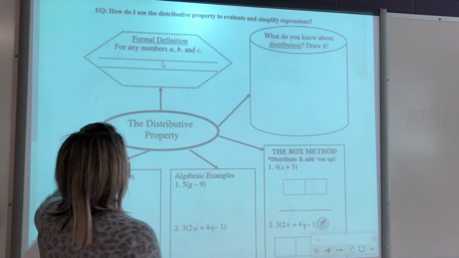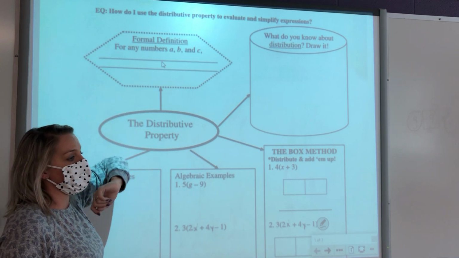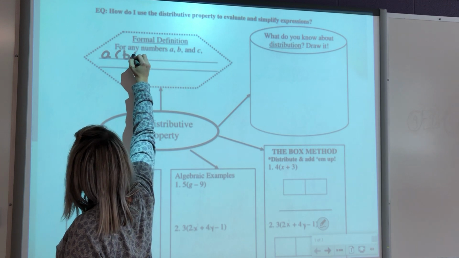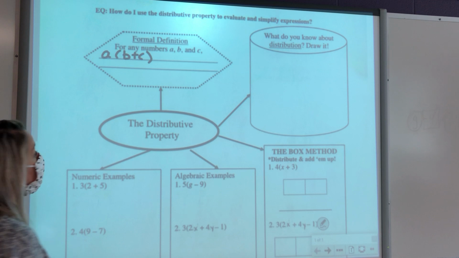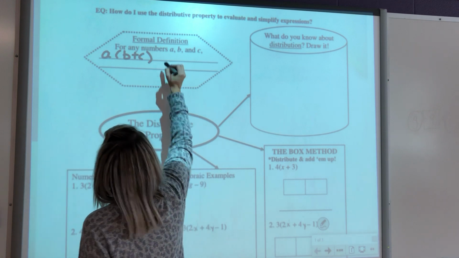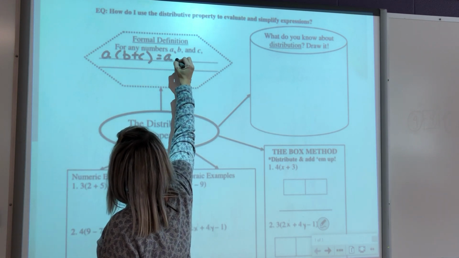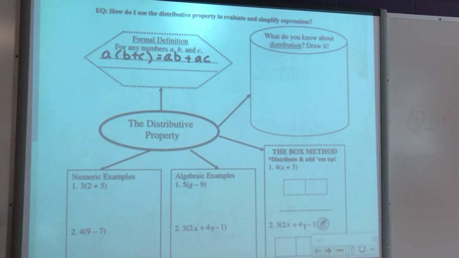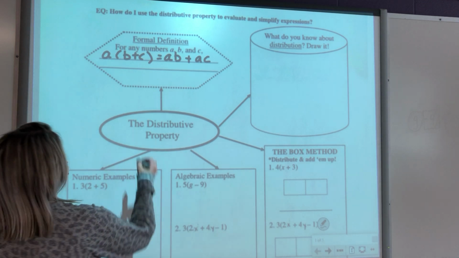So, formal definition: for any numbers A, B, and C, A times the quantity B plus C. Okay, so that goes on top of your paper there. Is equal to A times B plus A times C. So when I do distributive property, I like to use arrows.